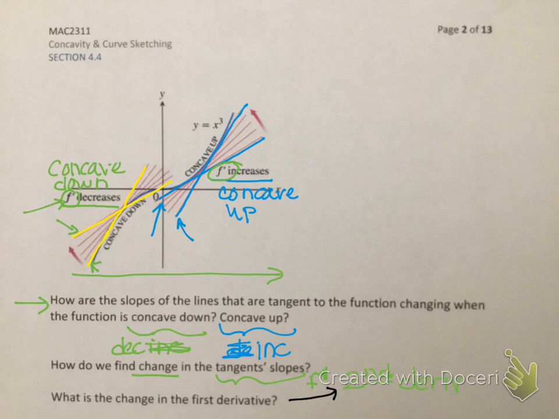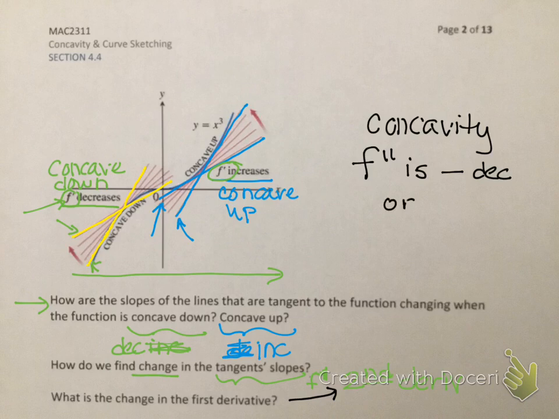So when you are looking for concavity, you have to determine whether the second derivative is decreasing, which would be negative, or increasing, which would be positive. And I can test that by creating a second derivative number line.